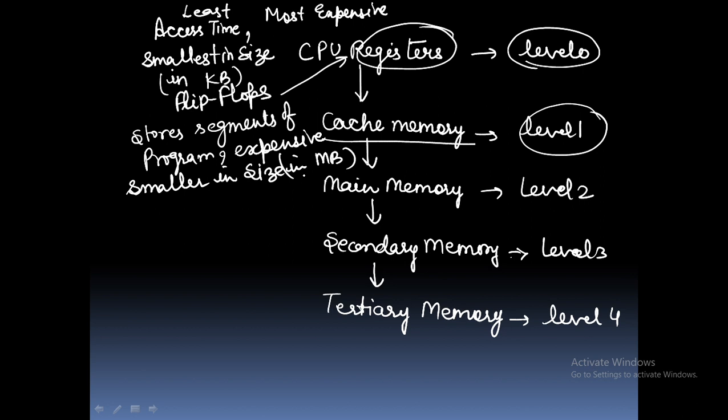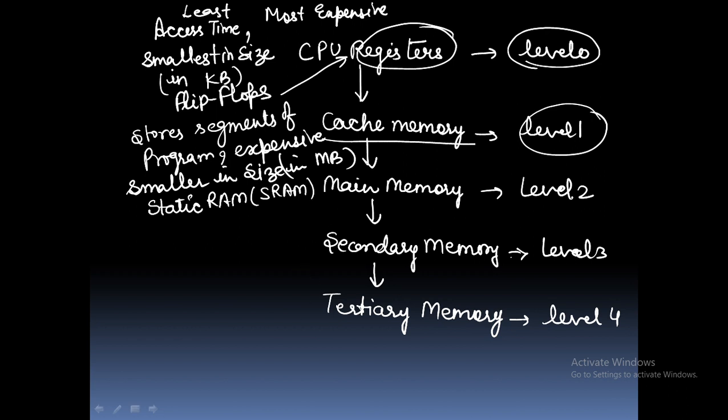So that's why registers are given in KB, and cache memories, being larger than CPU registers, are given in MB. And cache memory is implemented by using static RAM, also known as SRAM.